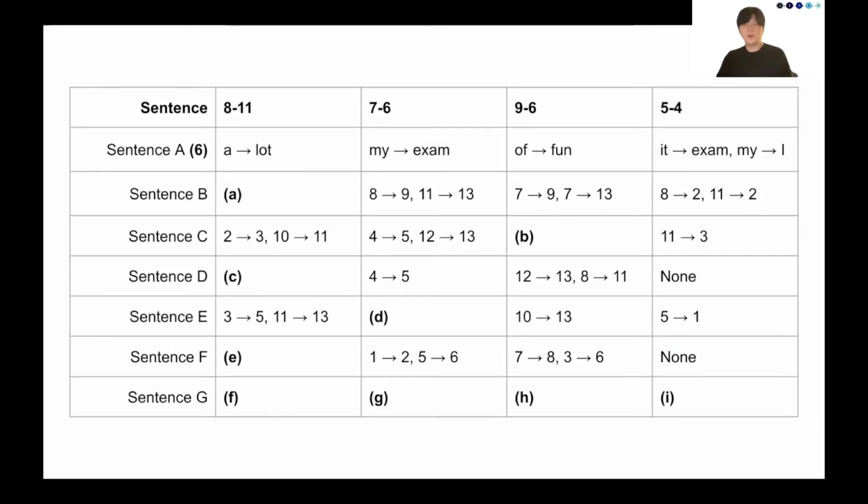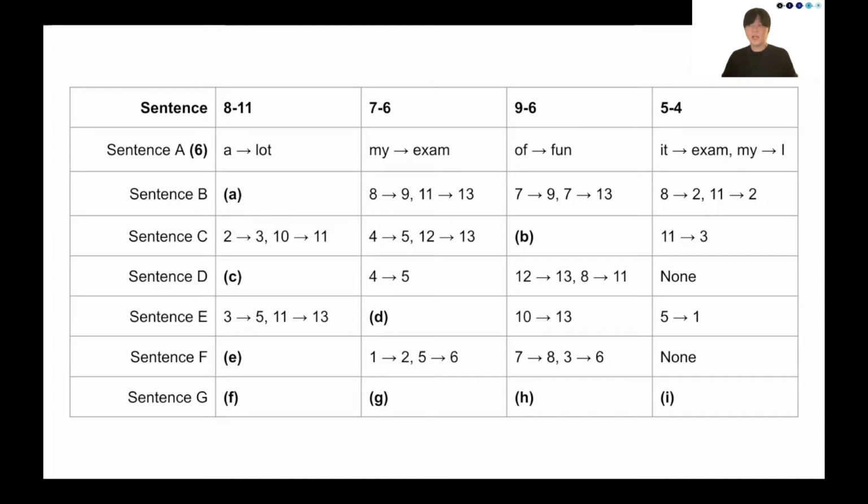Therefore, we can take all of the numbers under sentence A in the data table and replace them with the words from sentence 6, with the result being this. Now, like I suggested in the problem background, we want to work towards figuring out a role for each of these attention heads. And although this one sentence doesn't give us too much evidence, we can start to set up some basic hypotheses.